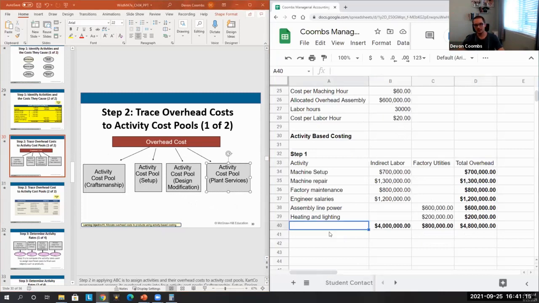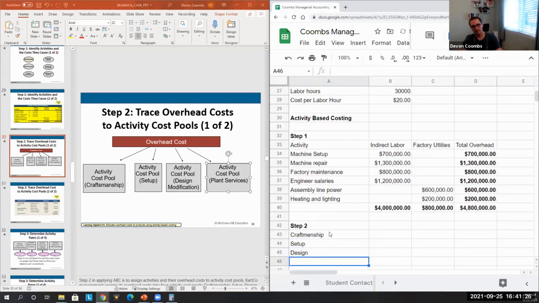So let's write that out. Step 2, craftsmanship, setup, design, and plant services.